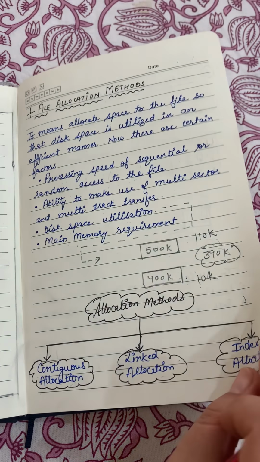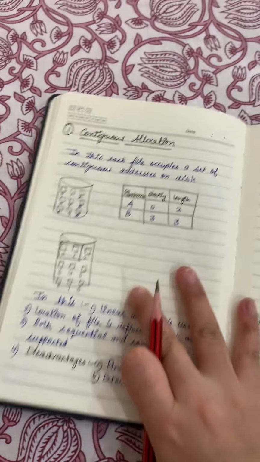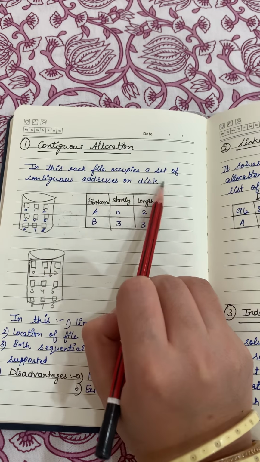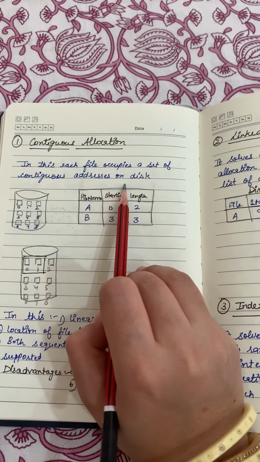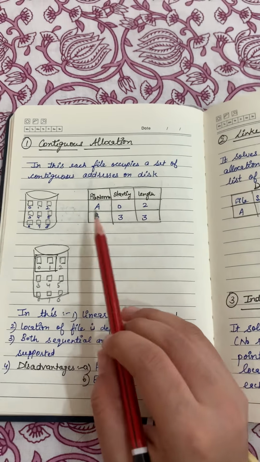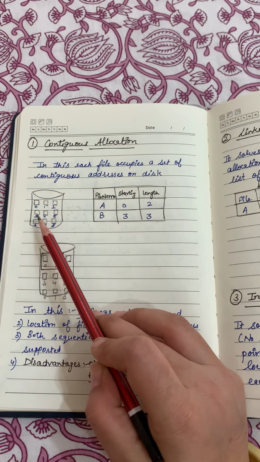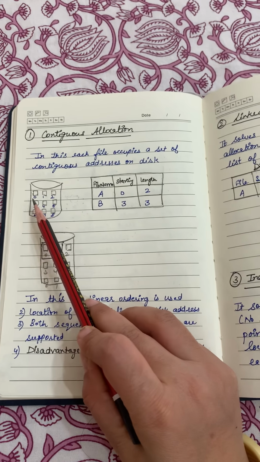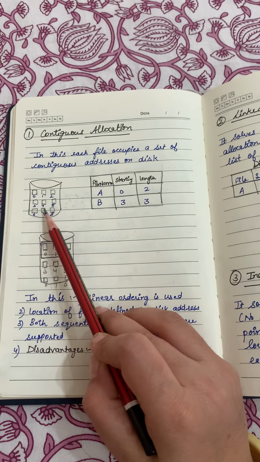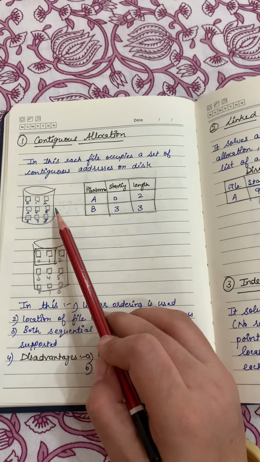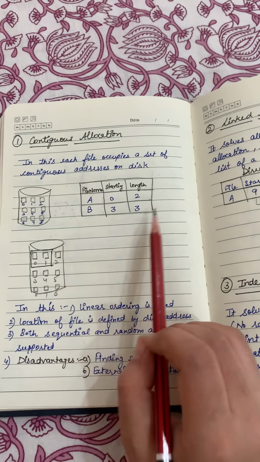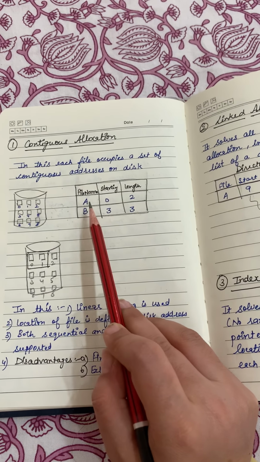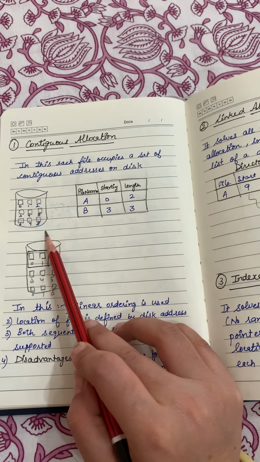So first we will cover the contiguous allocation. In this, each file occupies a set of contiguous addresses on the disk. So suppose I have a disk like this, and we have certain blocks like 0, 1, 2, 3, 4, 5, 6, 7, 8, with blocks 0 to 8, and we have a file directory which is used to match which file is stored at which location.